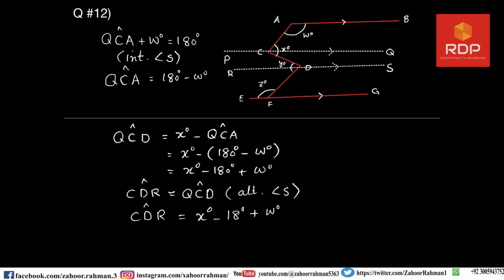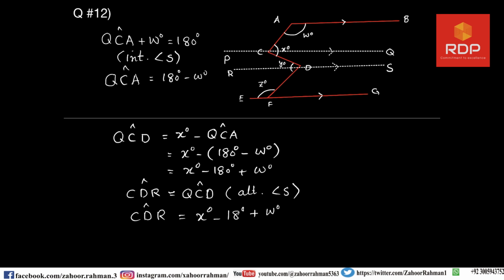Now the next term is FDR, which is this part. We found this part half, but to fully find the value of y degree, we have to find the other part. So we now will have to find FDR.